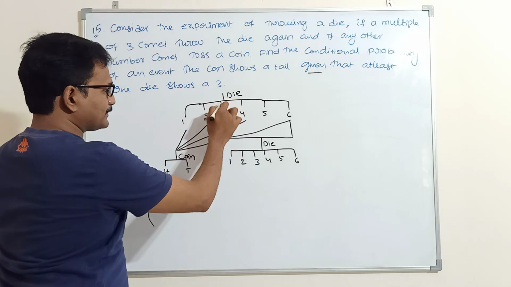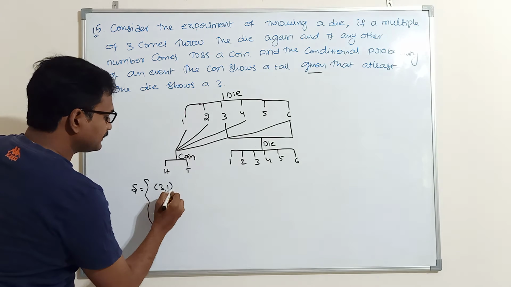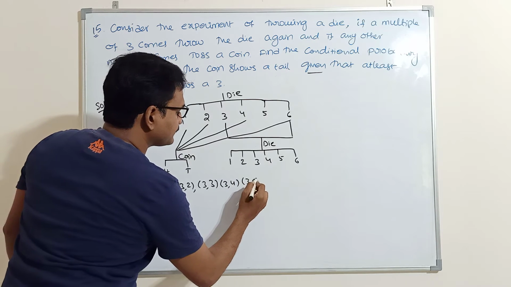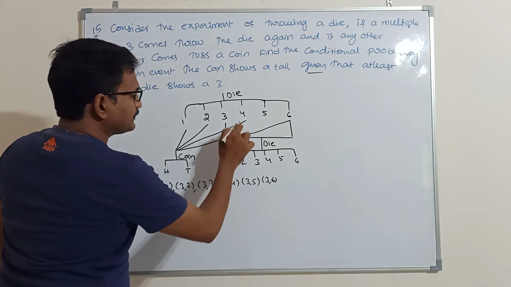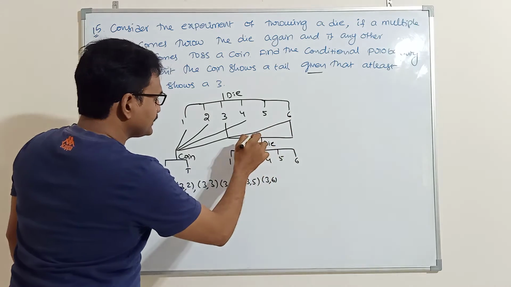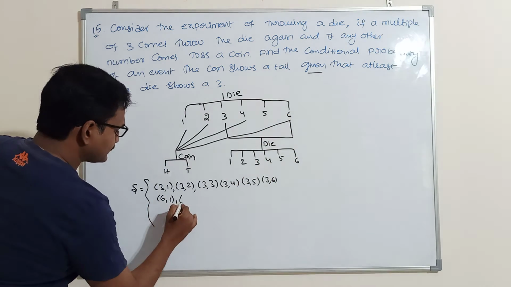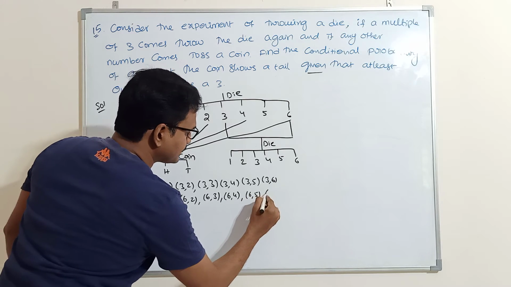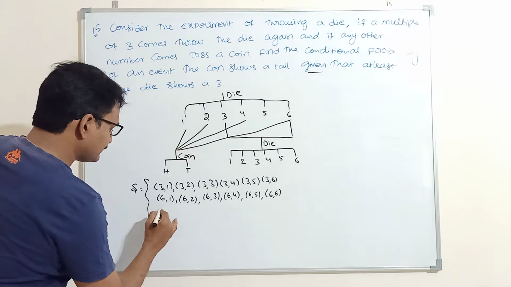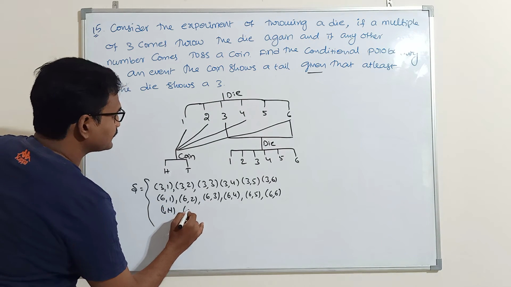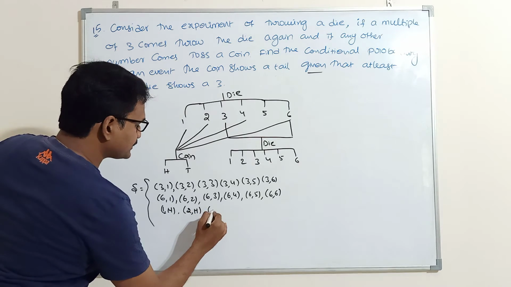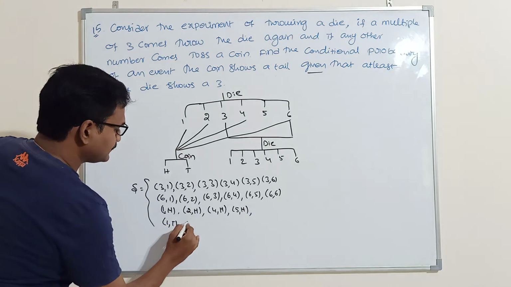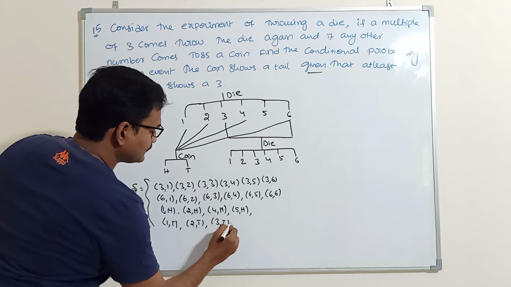So what is the sample space? (3,1), (3,2), (3,3), (3,4), (3,5), (3,6), similarly (6,1), (6,2), (6,3), (6,4), (6,5), (6,6), and then (1,H), (2,H), (4,H), (5,H), (1,T), (2,T), (4,T), (5,T).